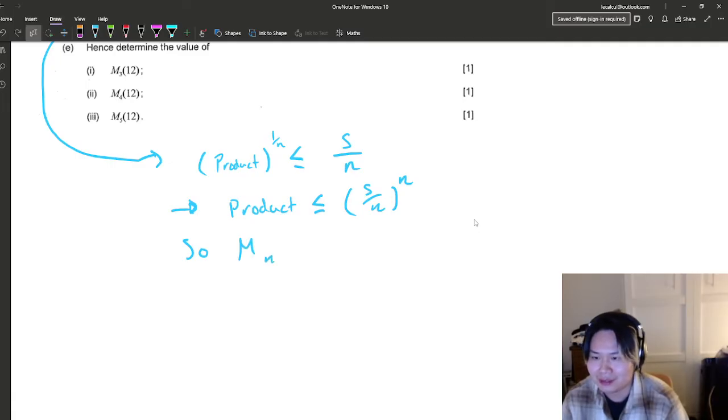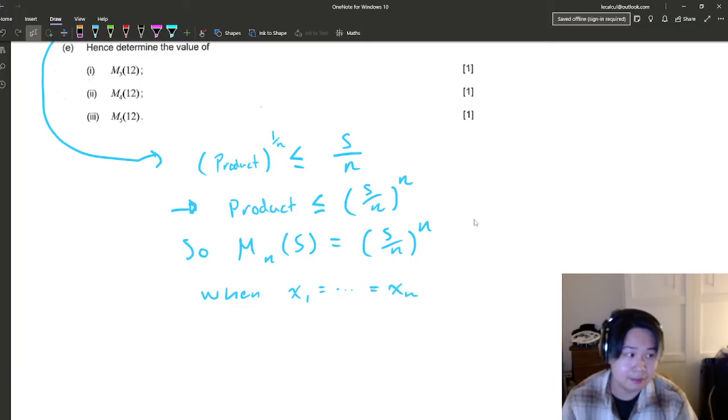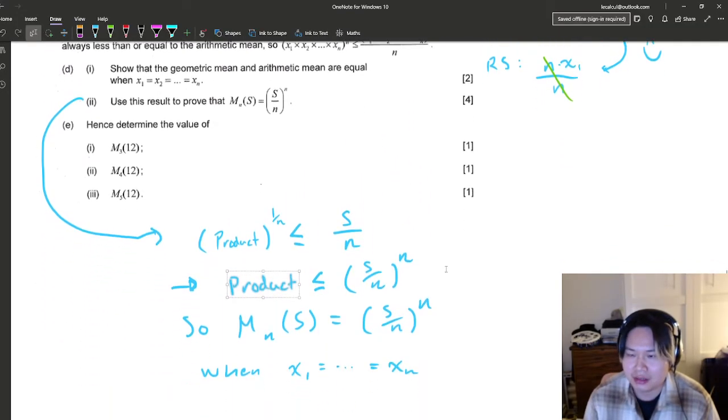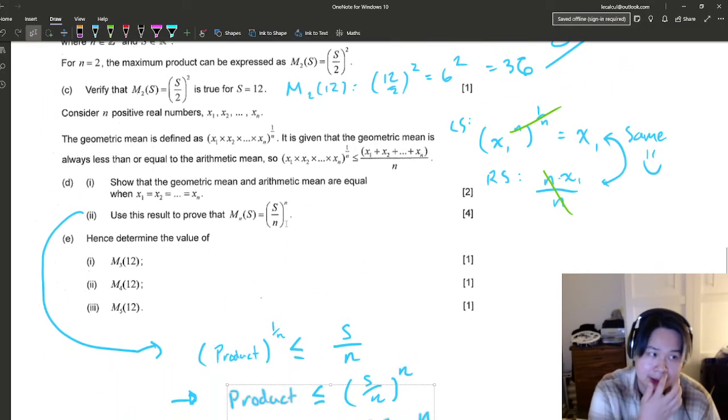So the maximum of your products should be this value when x1 is equal to all the way to xn. The product is either equal to this or less than this, according to the mean. So obviously the maximum value of the product is when it's equal to it. And then the maximum happens when this is true. Okay, easy peasy.